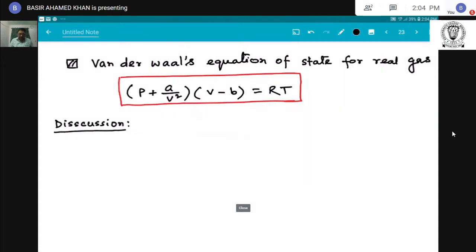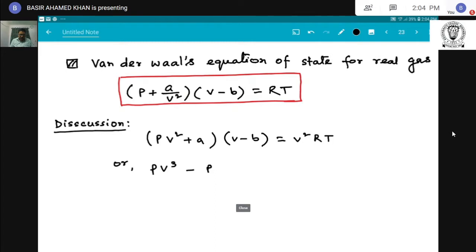If I expand this equation of state, I get PV cubed minus PbV squared minus V squared RT plus aV minus ab equal to 0.